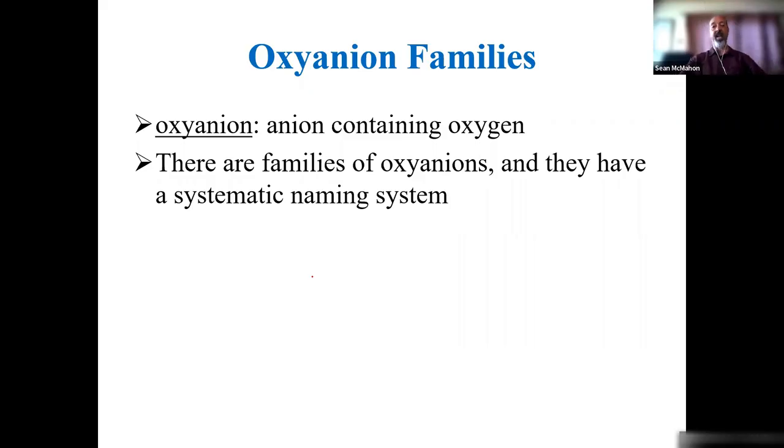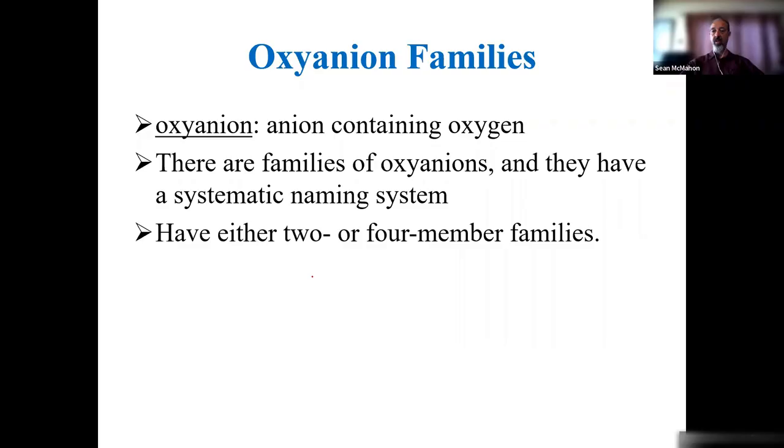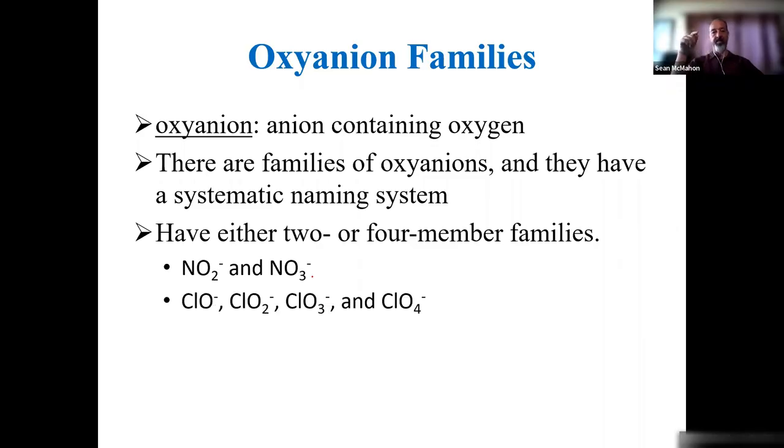But with the oxyanions, there are different ways to name them. You have 2 or 4 member families. In the 2-member families, you see oxyanions with only 2 different ratios of oxygen. The name for both of these is derived from the nonmetal nitrogen, so I have nitrite and nitrate.